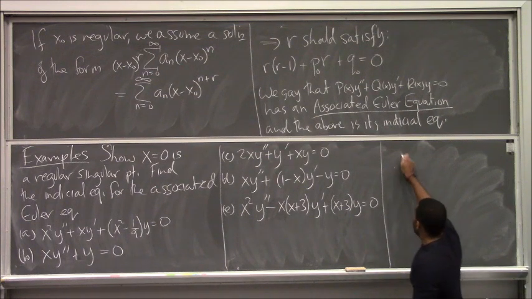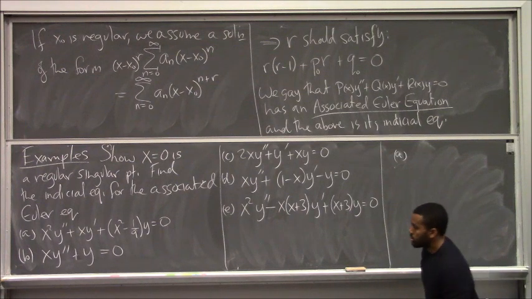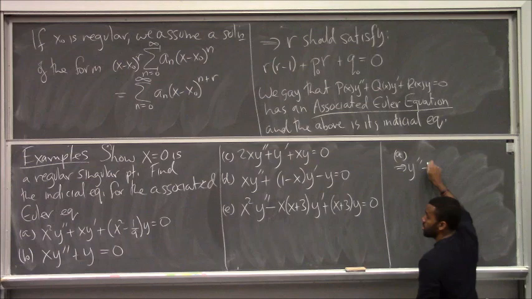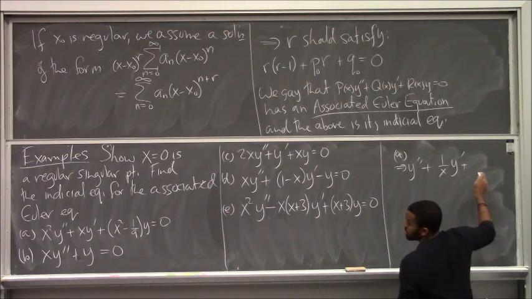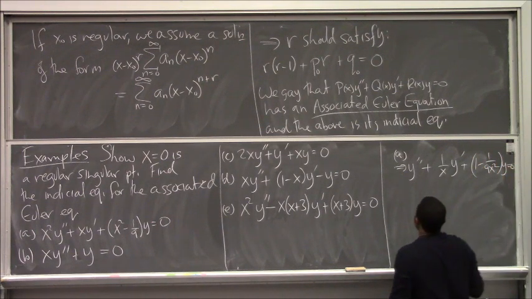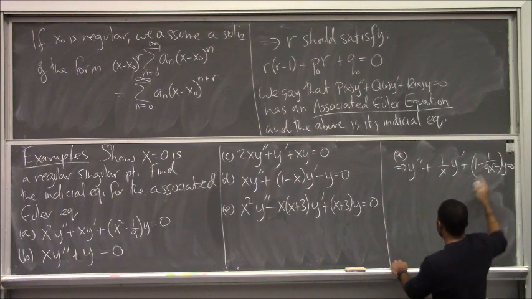So, A. You divide through by x squared. Here we have 1 over x, y prime plus (1 minus 1 over 9x squared) y. Obviously 0 is a singular point because it makes this discontinuous, and it also makes that discontinuous.